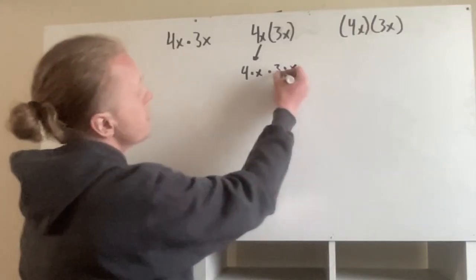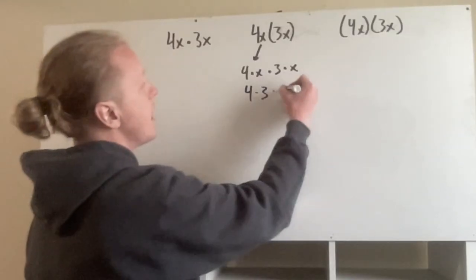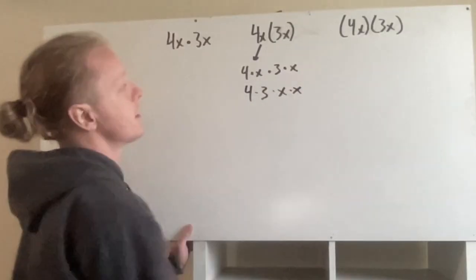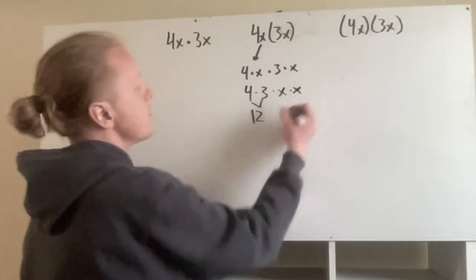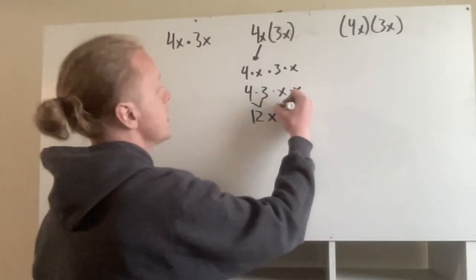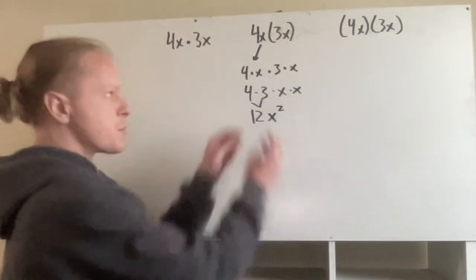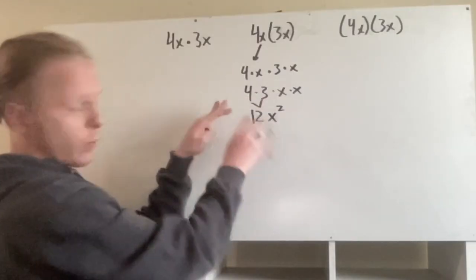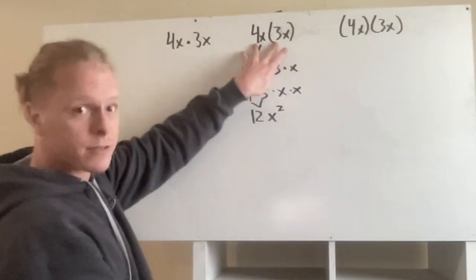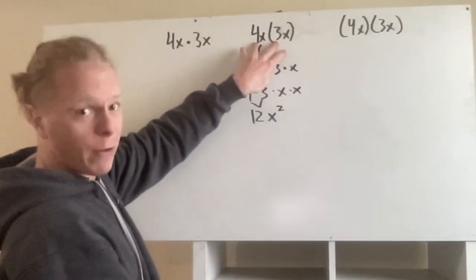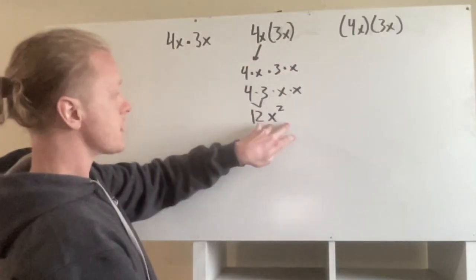So let's put the numbers next to each other. 4 times 3 times x. 4 times 3 gives me 12, and x times x gives me x squared. Okay? So I'm just breaking it out like this to show you what's happening, but we don't have to do that, right? We're multiplying two things together. Multiply the coefficients. 4 times 3 gives me 12, and then multiply the variables. X times x gives me x squared.